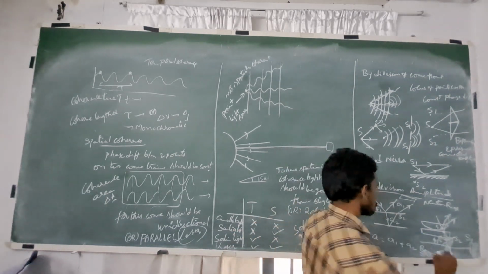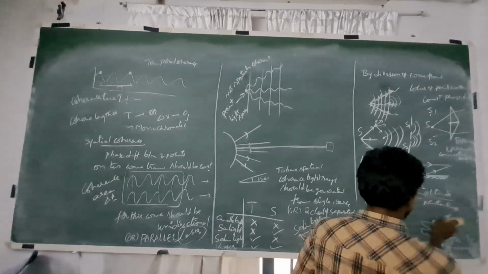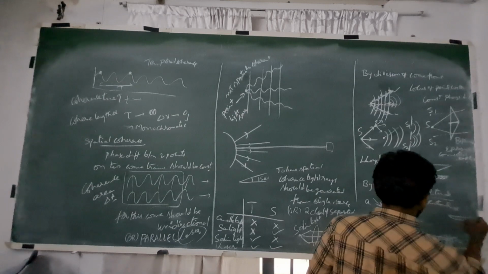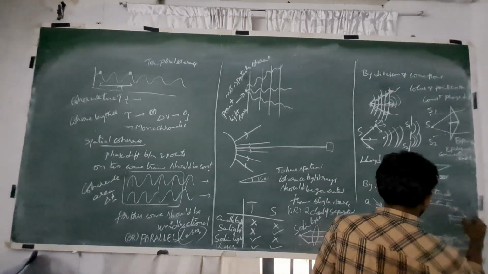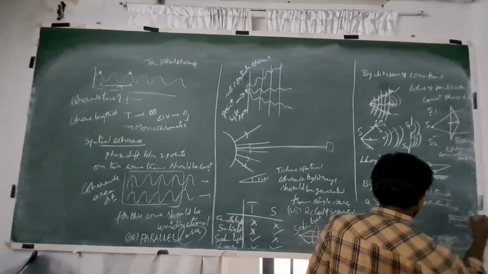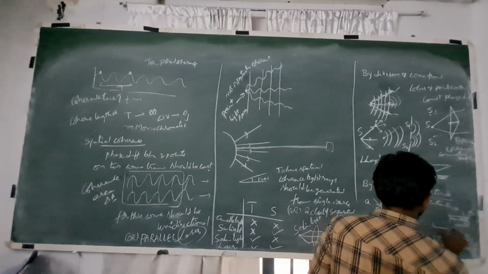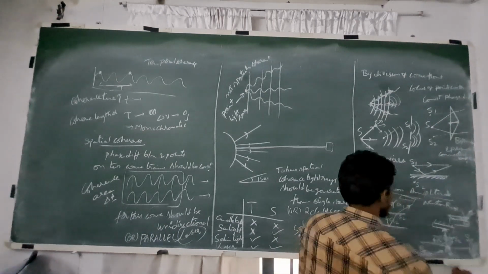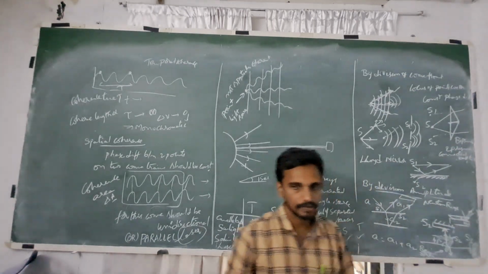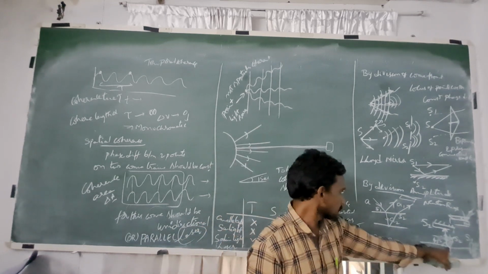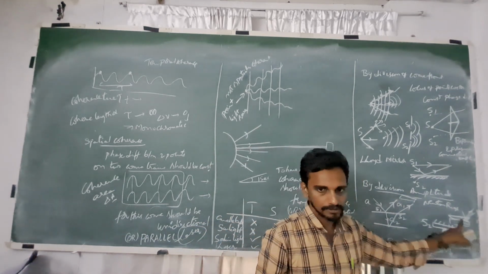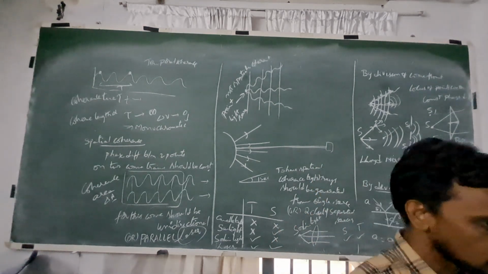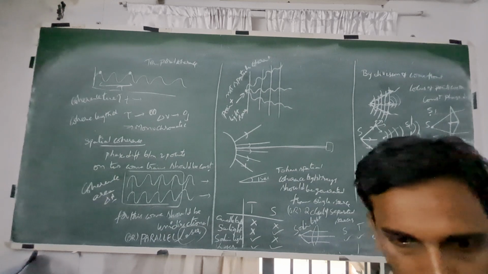So one mirror is here, and here another mirror. So from the beam splitter we get two mutually perpendicular light rays. After reflection from the mirrors, we get two coherent light sources that generate interference.